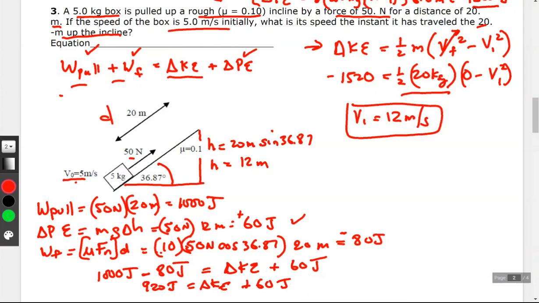I'm going to subtract the 60 from both sides. Actually, wait a second. Hold on. I think actually I made a mistake. Yeah, this is actually 600. This is not 60, excuse me. So that's 600. So I've got to change this. I did the math wrong. 50 times 12 is not 60, but 600.